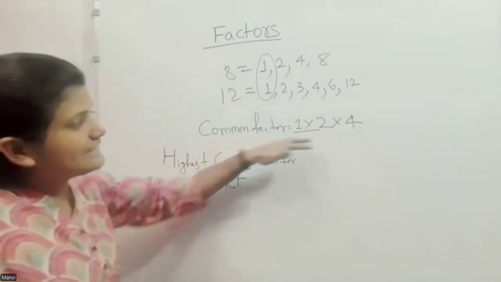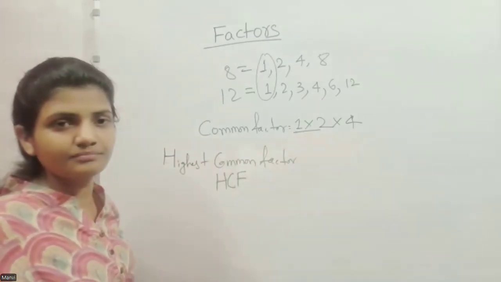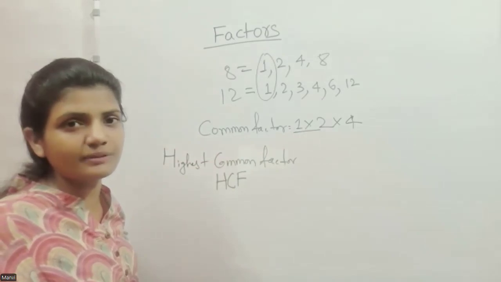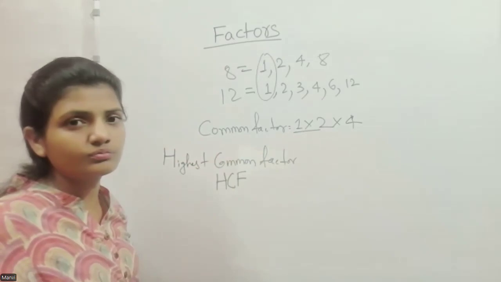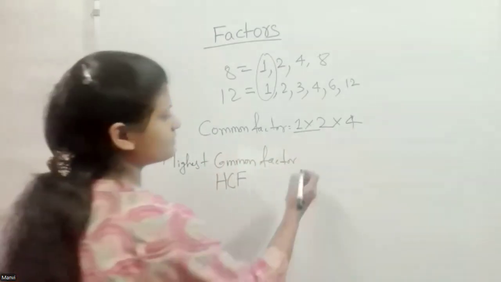So what's the highest among these three? Riyans, you could also answer me. The highest of the three is 4. So the answer will be 4.